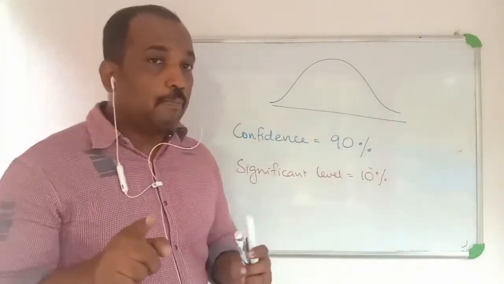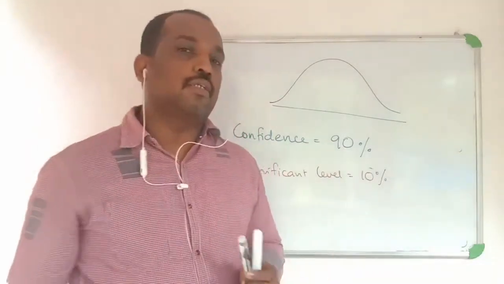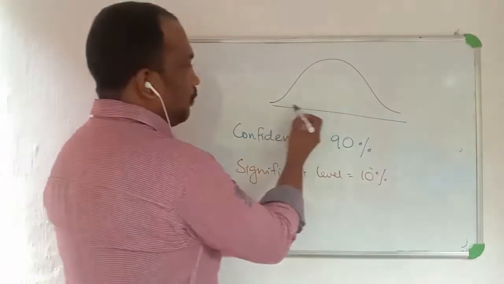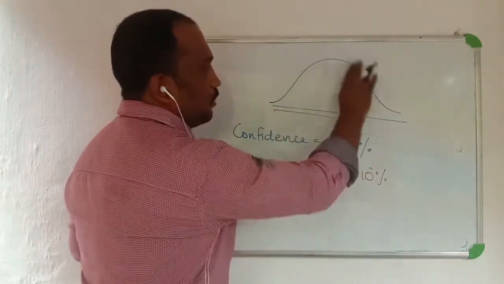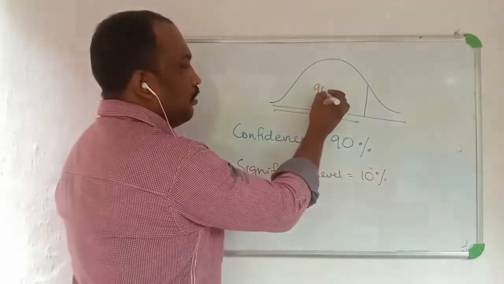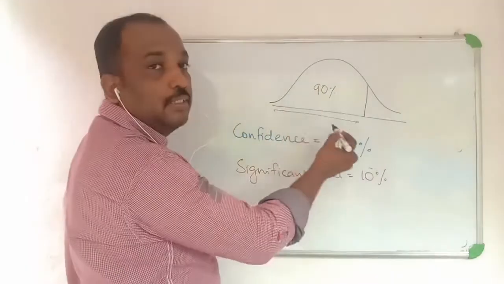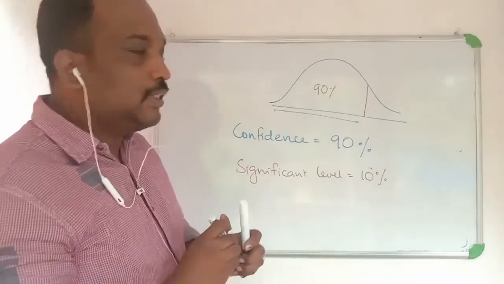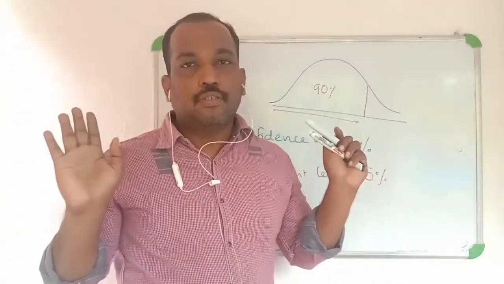Also remember that the other word for confidence level is acceptance region. Suppose up to here is 90%. This region is the acceptance region. If your probability comes in this region, you have to accept the claim.